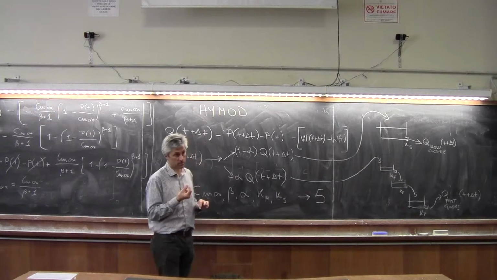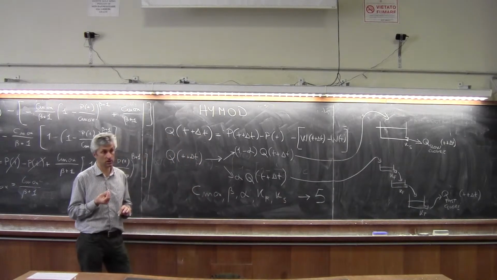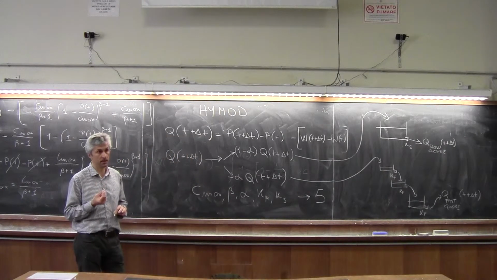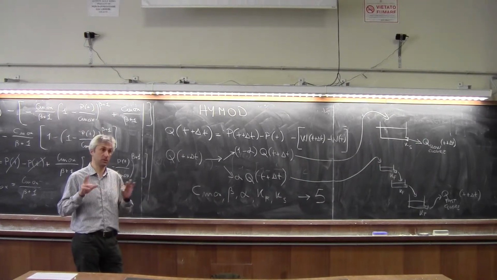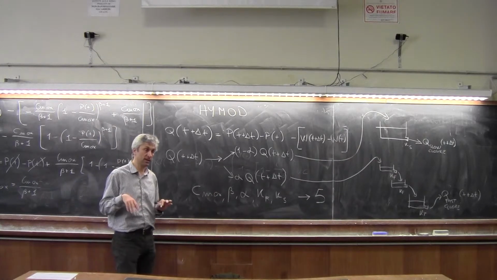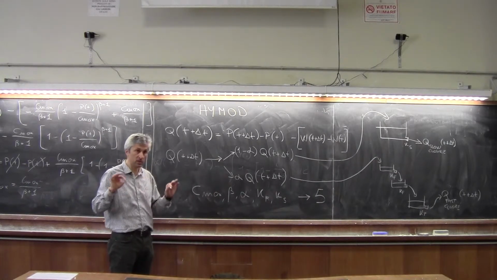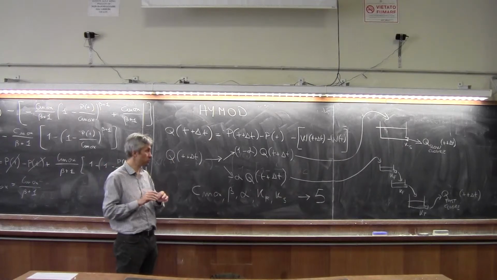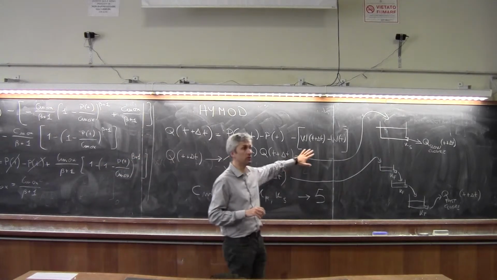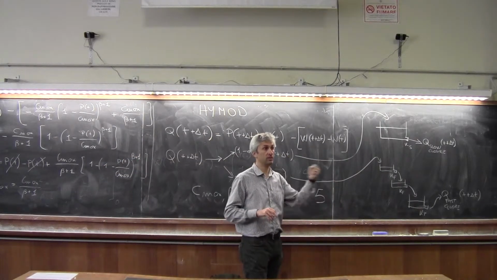So what is evapotranspiration? Basically, it is a water loss that occurs at every time step at the expense of what? At the expense of the water stored in the catchment. If you have water stored in the catchment, you have evapotranspiration. If you don't have any water, you don't have evapotranspiration. So basically, this means that at the end of each time step, you have to update the value of W by subtracting evapotranspiration.